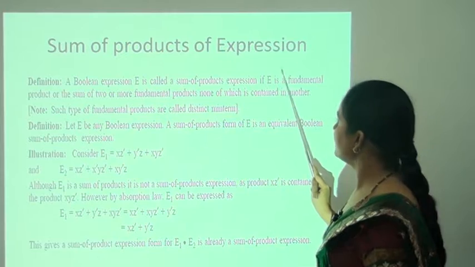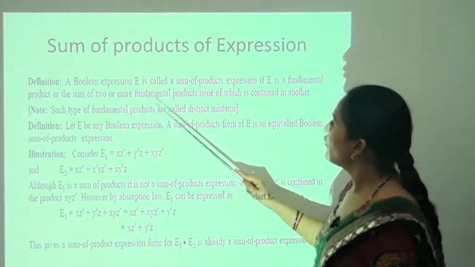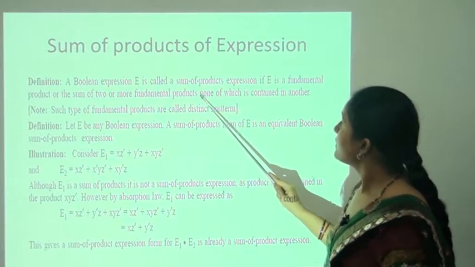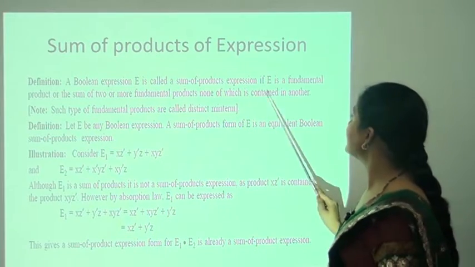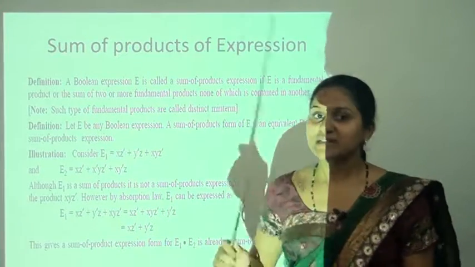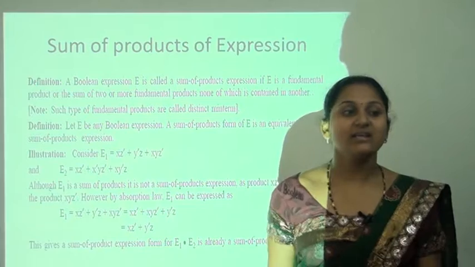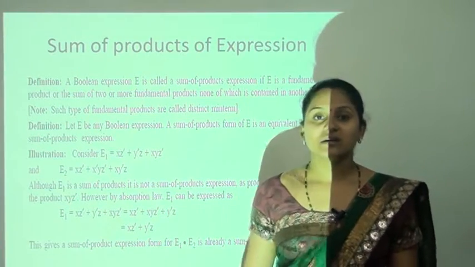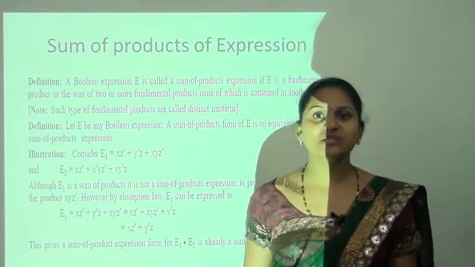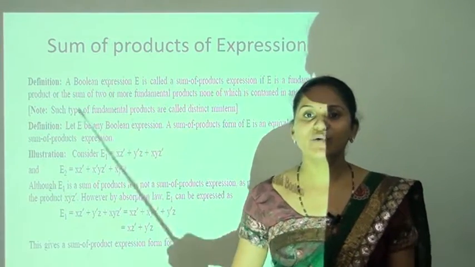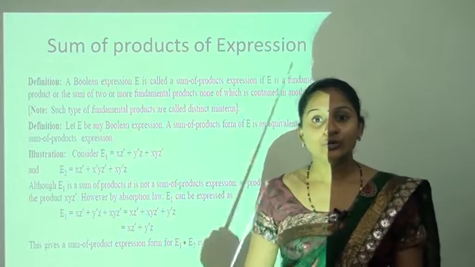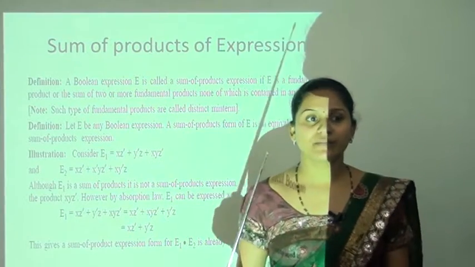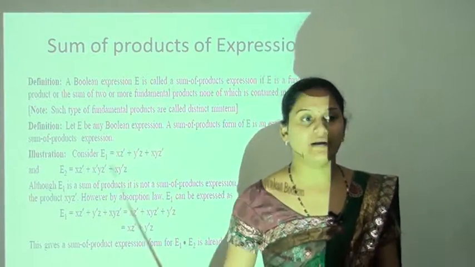Means this is a min term or a sum of two or more min terms, none of which is contained in another. Means they must be separate. Here the sum of products expression is a single min term or a sum of many min terms where no min term and no element is repeated.